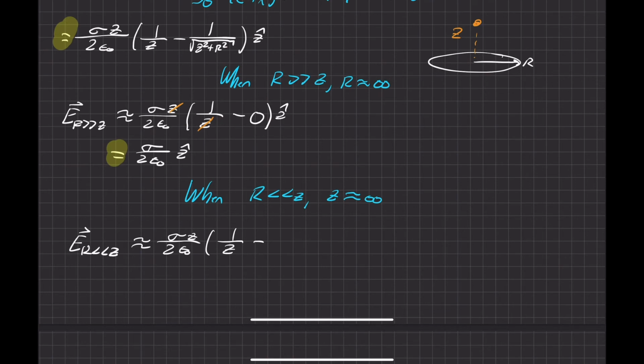So whenever we do that, as you can see here, when we compare it to the other terms, r is going to look like 0 compared to a very large number. So it'd be z squared plus 0. And then this entire term right here goes to 0.